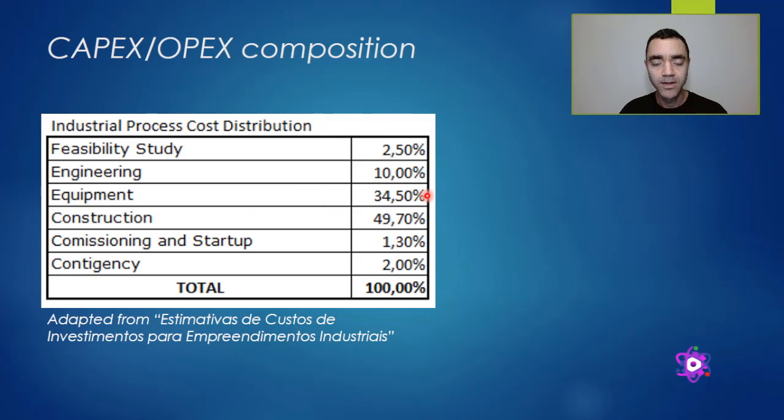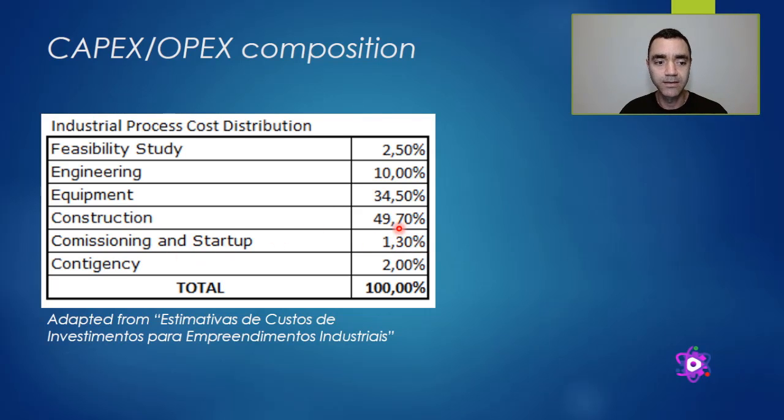I will have a major part of the cost associated with the purchase of the equipment, and I have the bigger part of the cost of the project associated with the construction. Here I included the material needed for the construction, and after that phase, your cost associated with commissioning startup decreases.